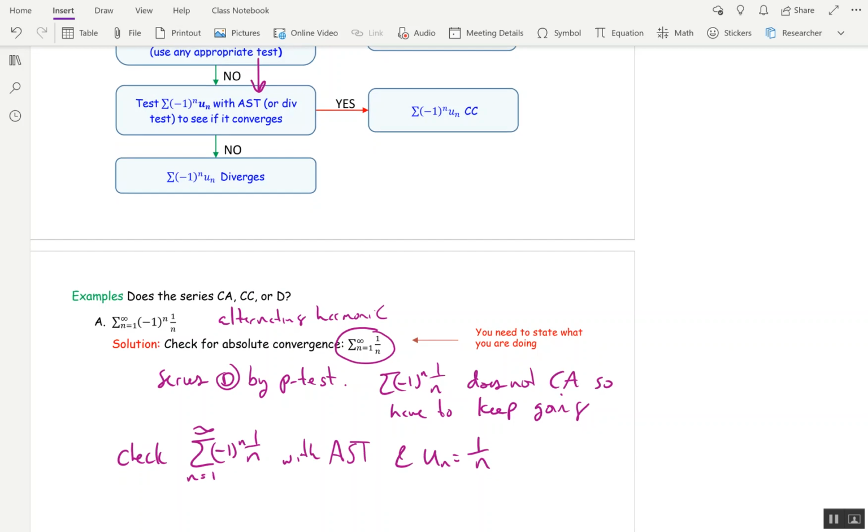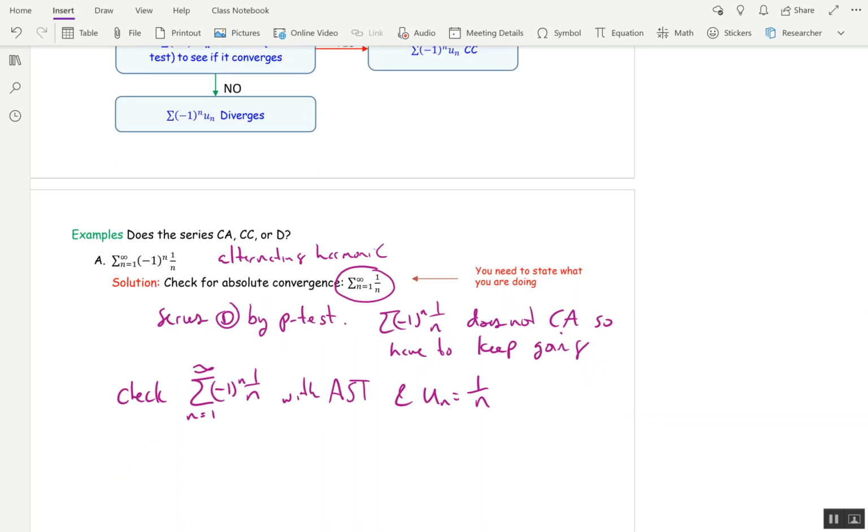Okay. So there are 3 conditions, and they're just going to be no-brainers, so we can just put a check mark by each one. First condition, the limit as n goes to infinity of 1 over n needs to be 0. Check. Nothing to show. 2, 1 over n is positive for all n.